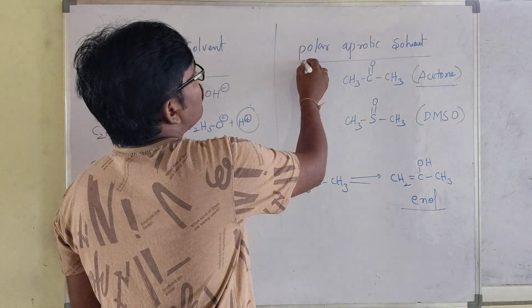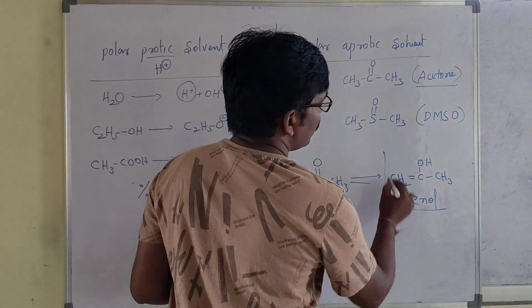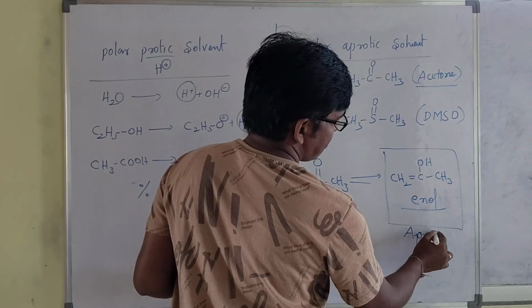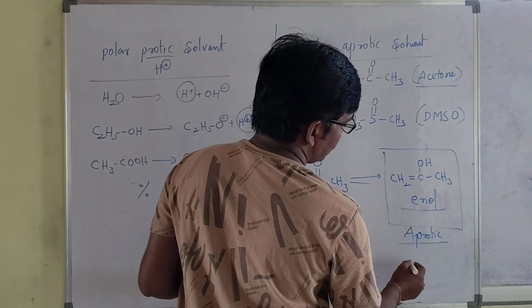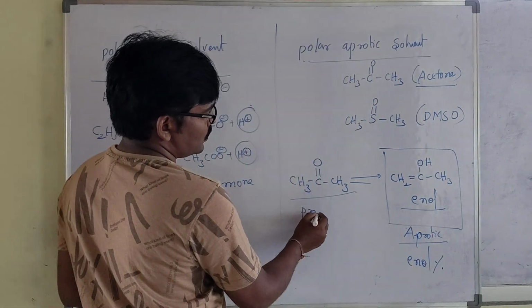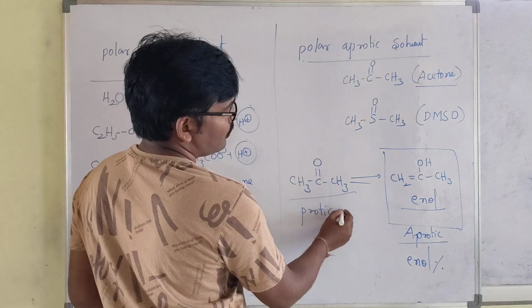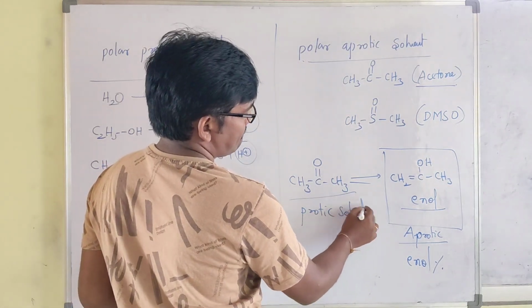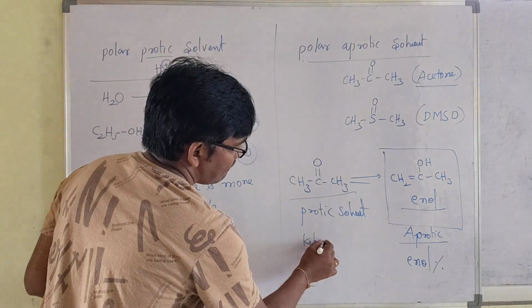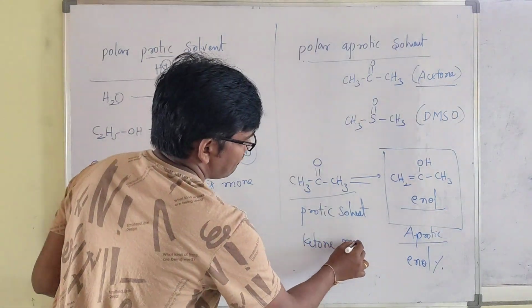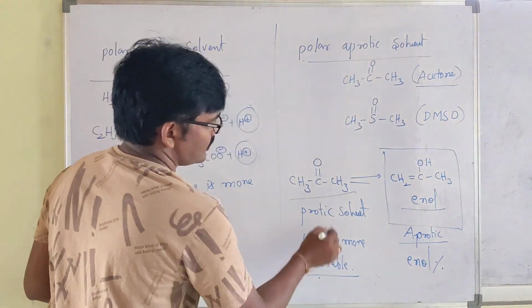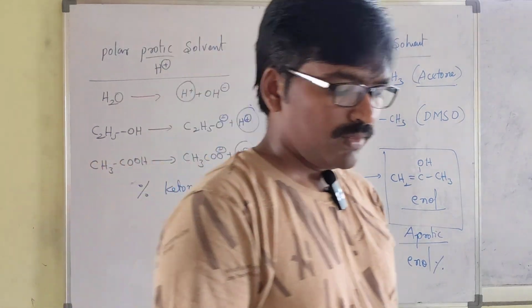In polar aprotic solvents, the enol is more stable. In protic solvents, the ketone is more stable. This is it. Thank you, my dear students.